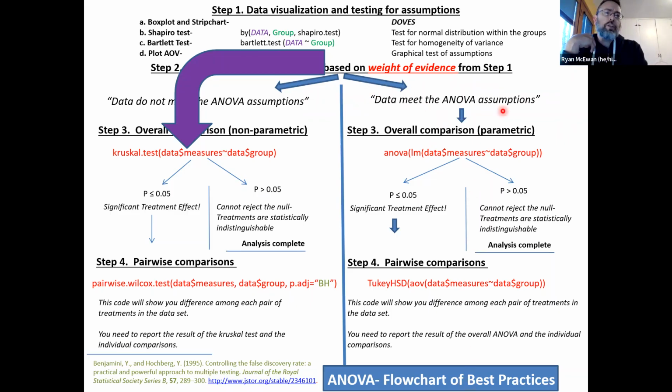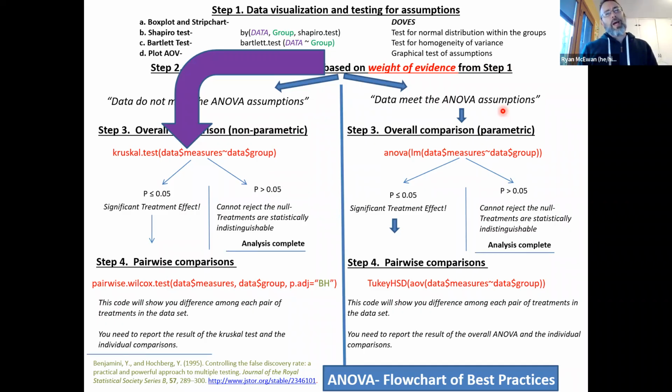I think that's perfectly good practice. A lot of people do that. I'm not teaching it in this class because it's got its own problems. Like, if you're going to start running through a whole series of transformations to try to force your data to meet the normal assumption, that seems a little sketchy in its own way.